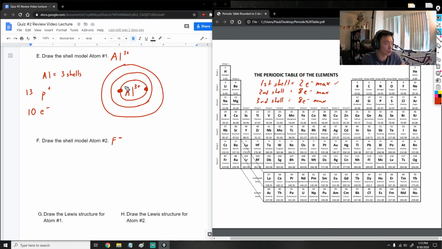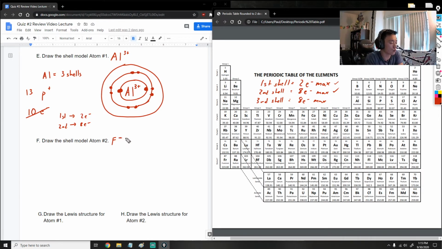We did 2, so we're going to go 3, 4, 5, 6, 7, 8, 9, 10. And we've used up all of our electrons. The first shell has 2 electrons, and the second shell has 8. And we're good because the second shell can only hold 8. We've used up all 10.